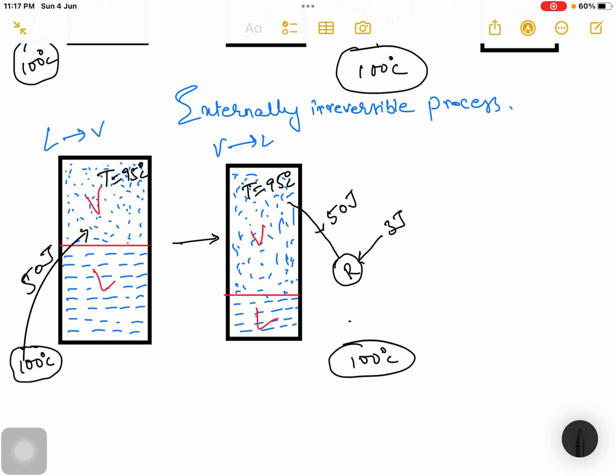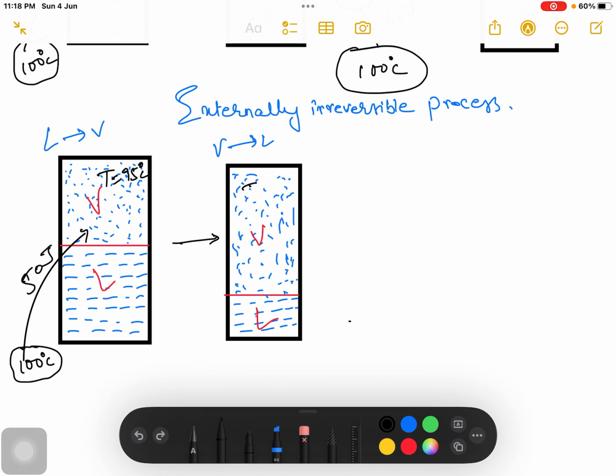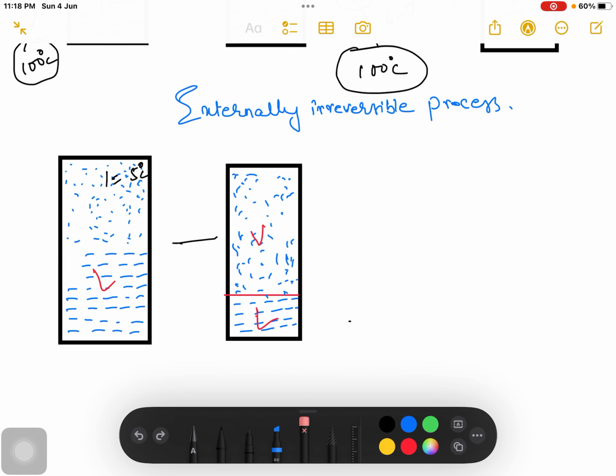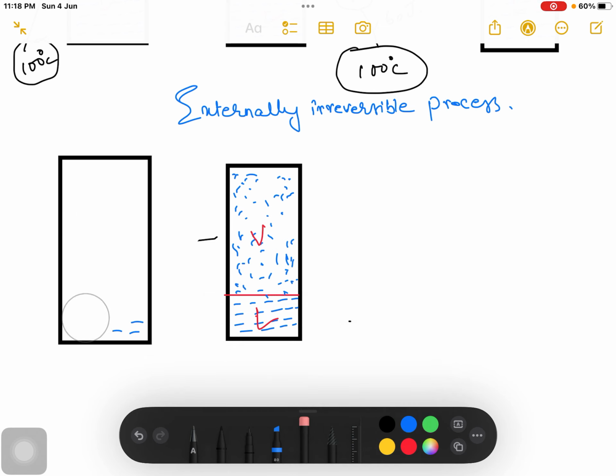Sorry, guys. I did a blunder. I didn't explain what is happening in the surrounding for the above process.